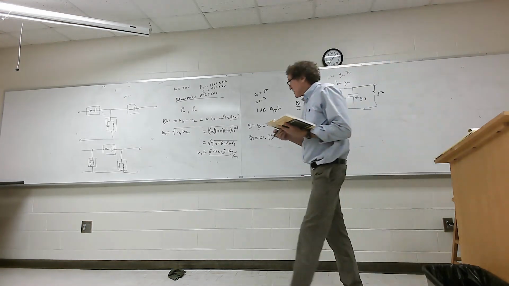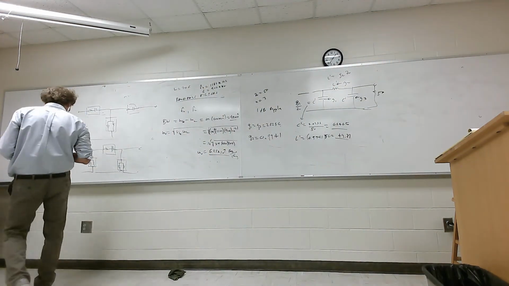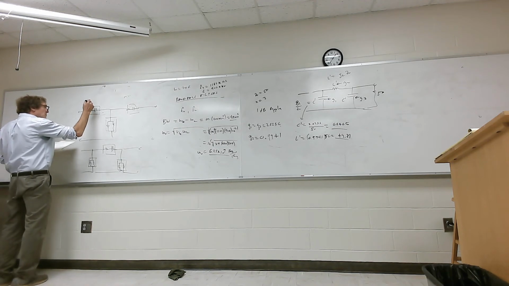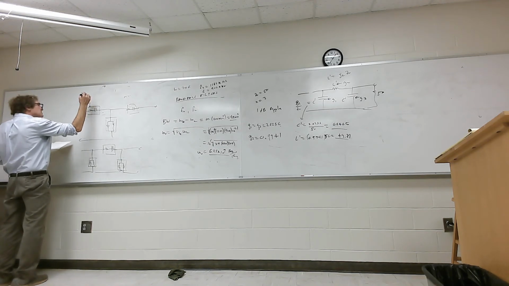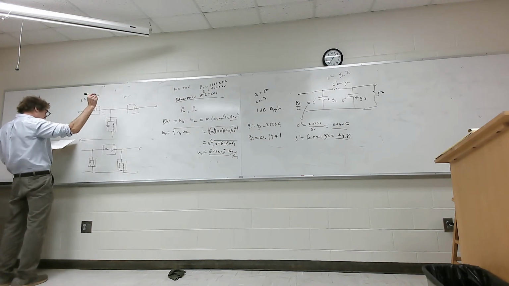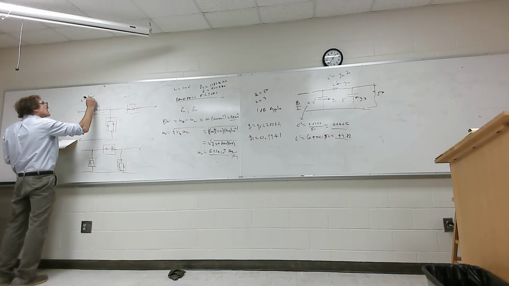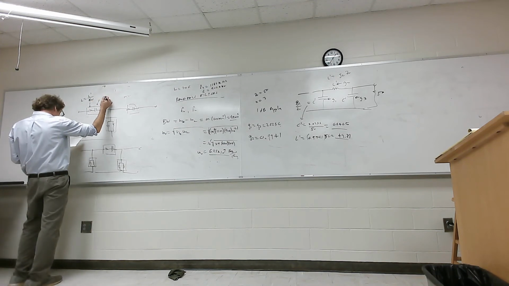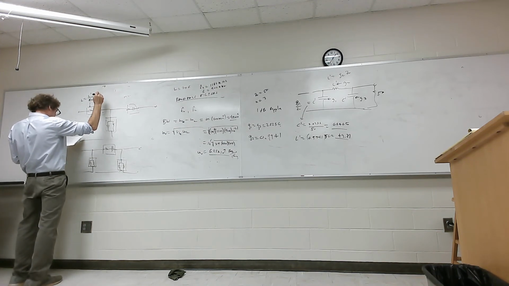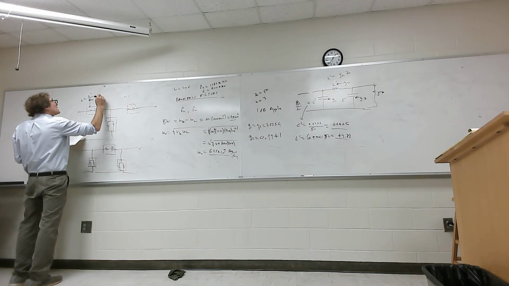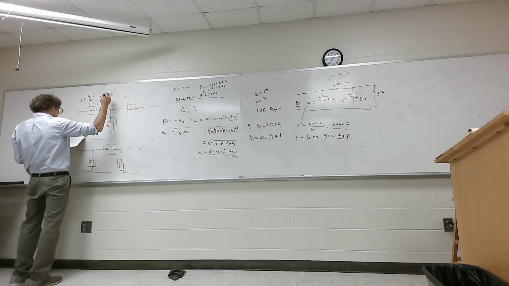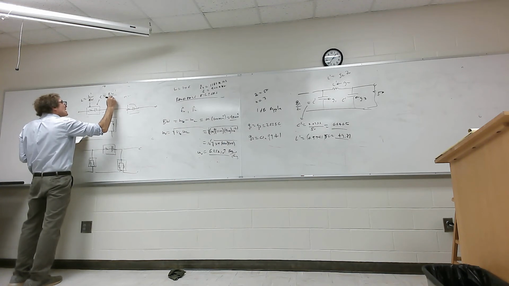When I want the value for this L right here, this is going to be the true L: L prime over there, divided by the bandwidth. And the value of C here is the bandwidth divided by omega naught squared L prime.